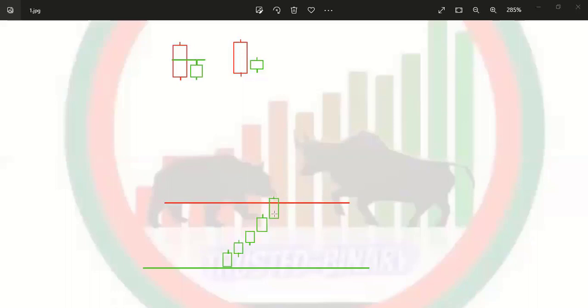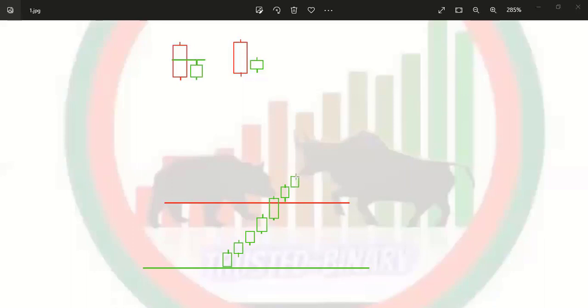After the breakout, the market retested the breakout level. Now when the market is above, this will act as a support level. Resistance becomes support. Now the market got rejected like this and goes up. It was a momentum previously, that's why the breakout happened, and after the breakout the market went up again.